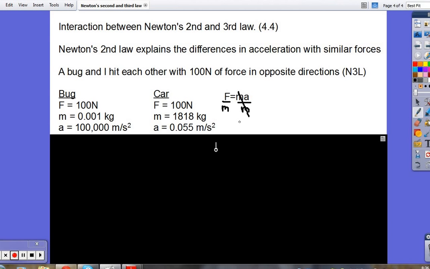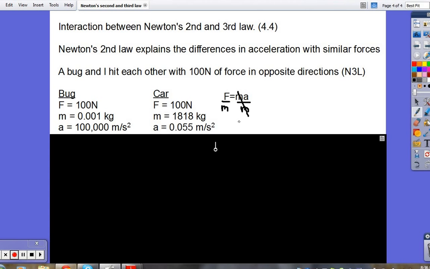And so now imagine this on an even more extreme scale where we're talking about a tennis ball and the Earth. The Earth is so much more massive, I mean billions of times more massive than the tennis ball, that the resulting acceleration from the same force is so small, it's negligible. The Earth keeps on doing what it's doing.